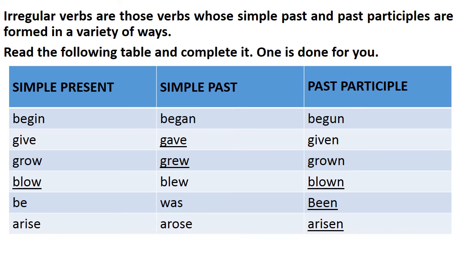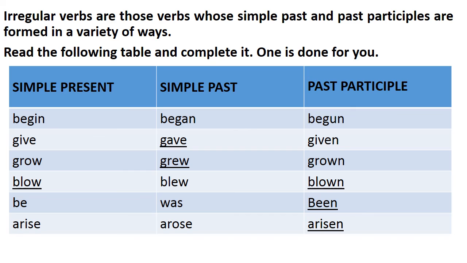Now moving on to the next verb, blow changes into blew in a simple past tense, and again changes its form into blown as a past participle. Now moving on to be, which we all know is a helping verb, changes into was in a simple past tense, and again this helping verb changes into been as a past participle.